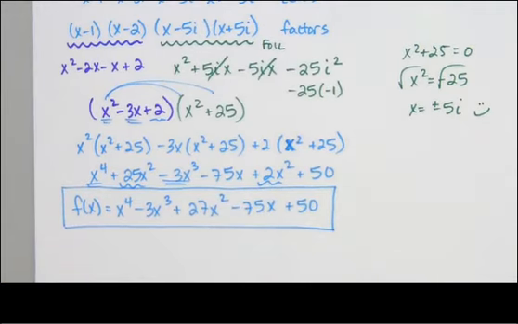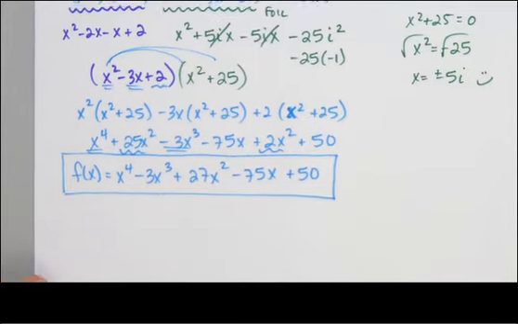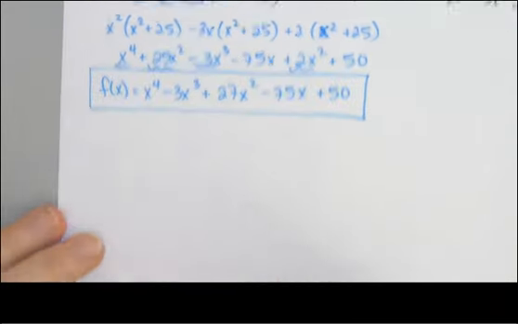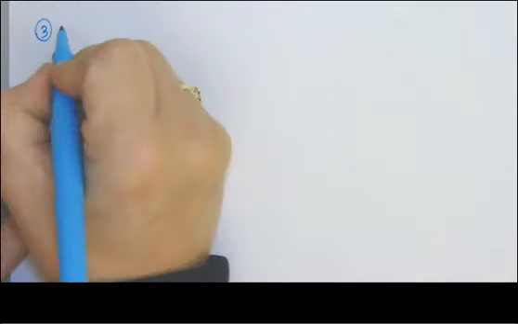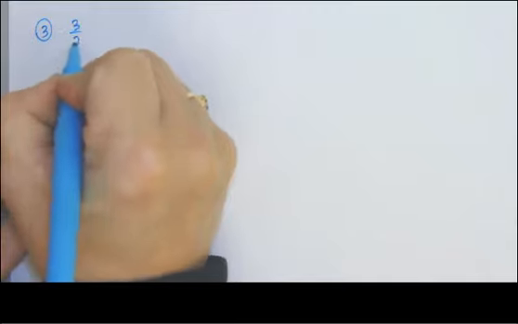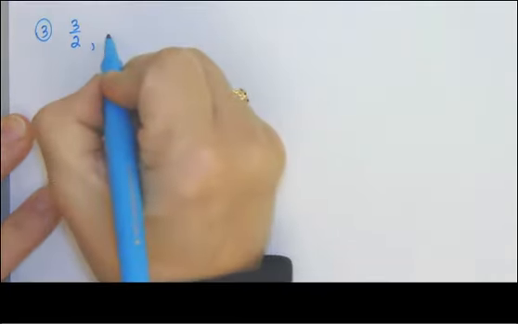All right, let's try another one. Let's look at one that only has 2 zeros. Here, there it is, 3. This time I'm going to tell you that one of my zeros is a fraction, 3 halves, and radical 5.